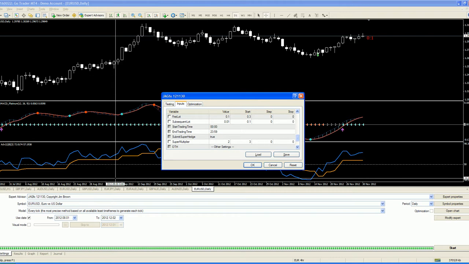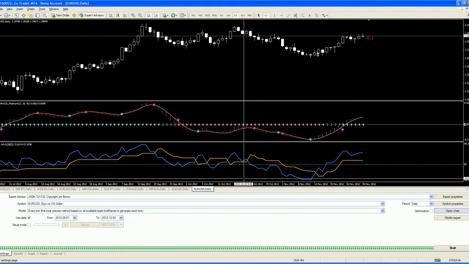Use the super hedge setting of true, alright? So that's a Euro daily, and that goes from the 8th of August to the 2nd of 12th, which is today basically. So what's that, 4 months? August, September, October, November, 4 months, yep.